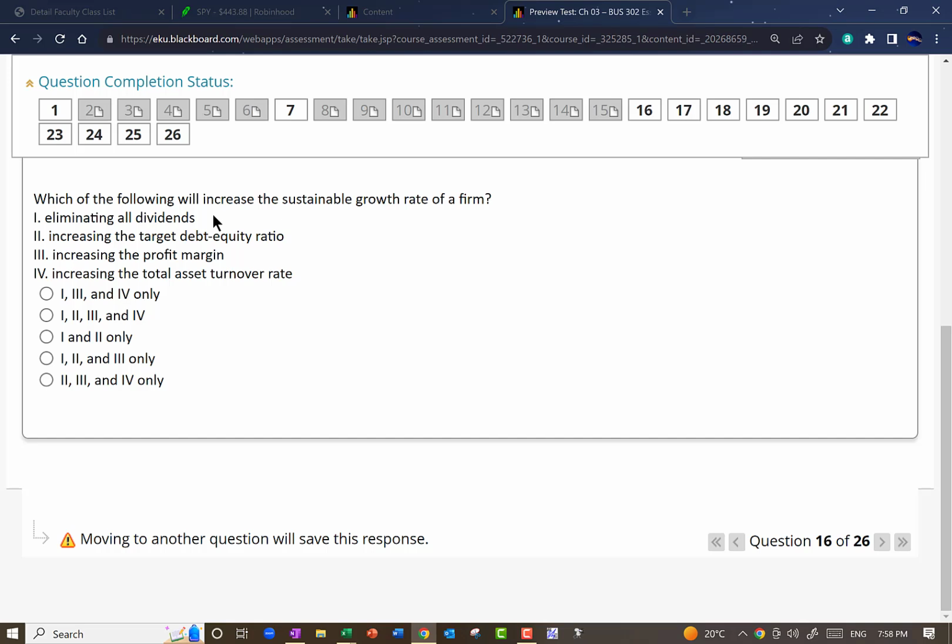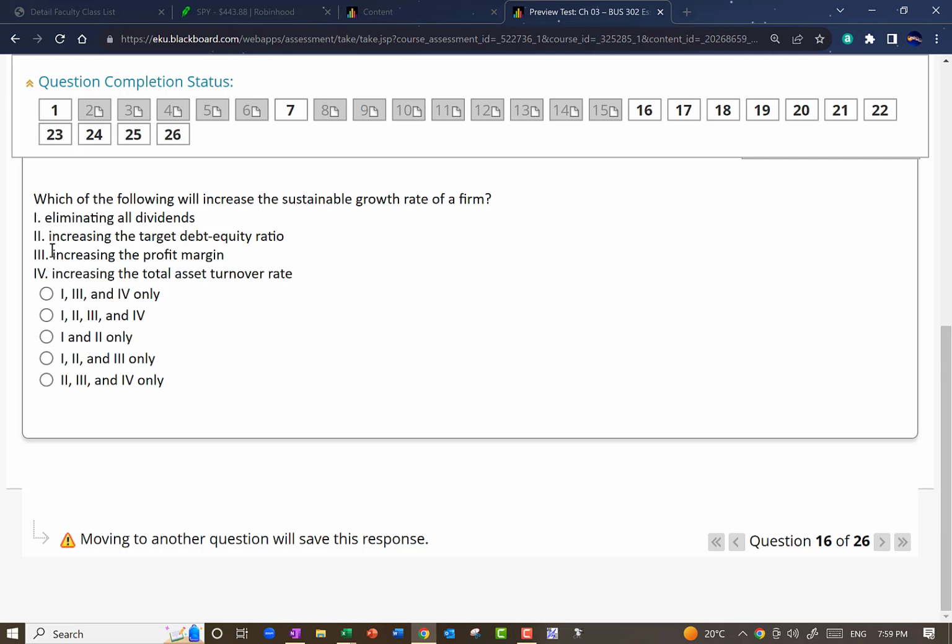The more money you keep, the faster you're going to grow. So 1 is correct. Increasing the target debt equity ratio: if the firm becomes more leveraged, everything else being the same, equity multiplier is higher, so ROE is going to be higher. That means sustainable growth rate is going to be higher. So basically, anything that increases return on equity and retention ratio will increase the sustainable growth rate.